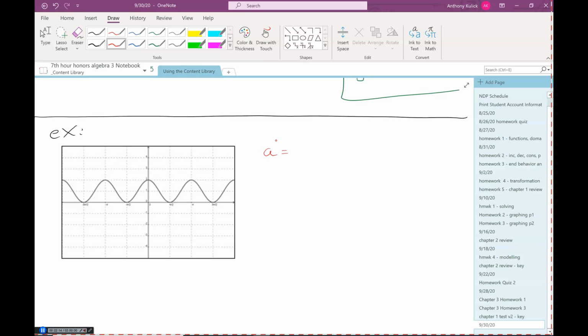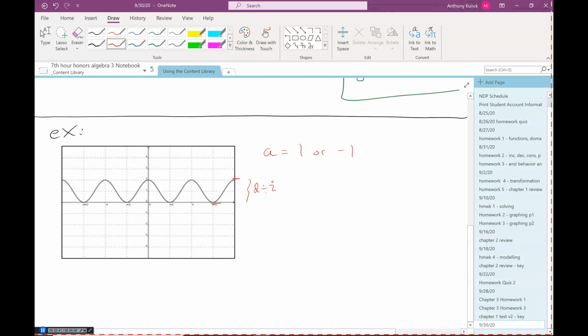Anybody want to remember how to do this? What was that? Well, there's two possibilities, right, for A. 1 or negative 1. So remember, A is half the distance from a high point to a low point.